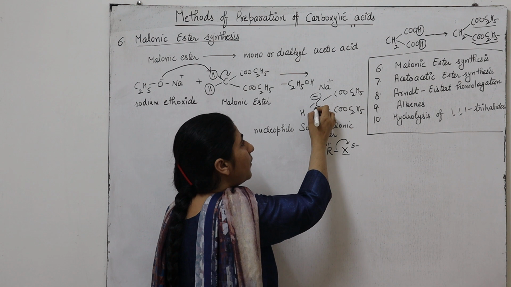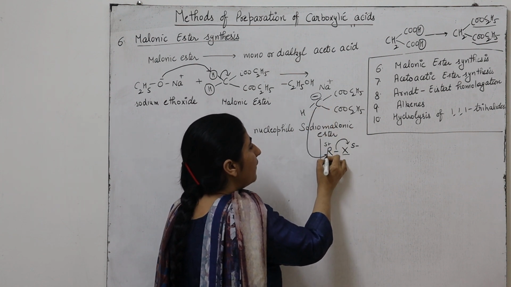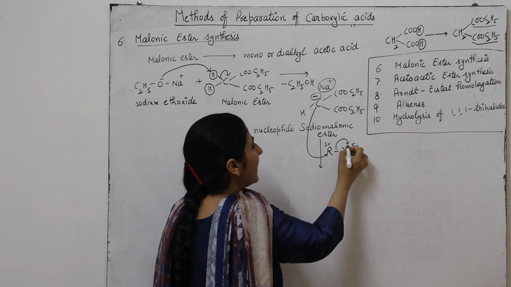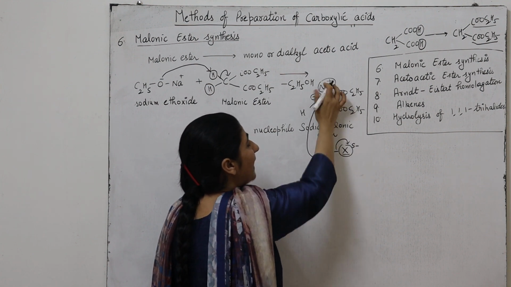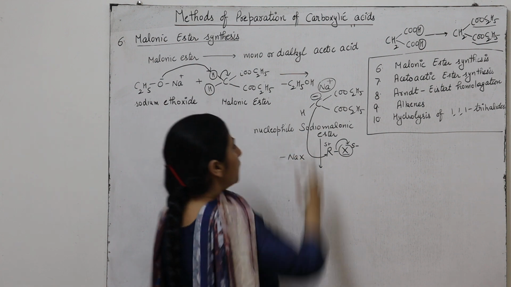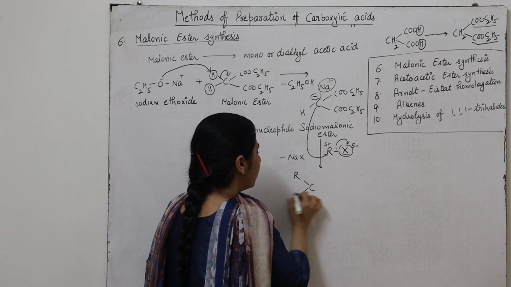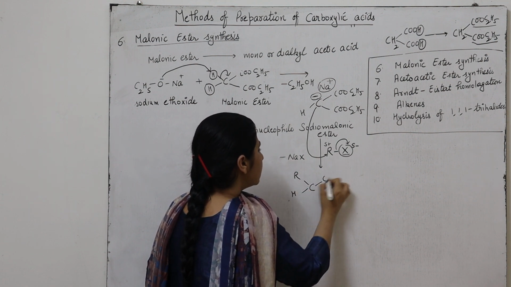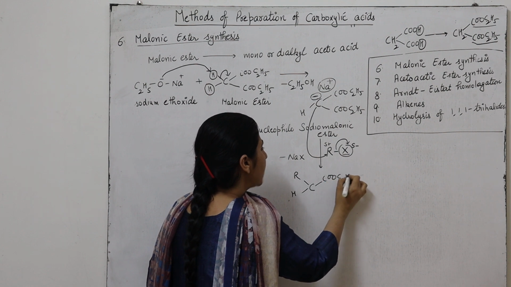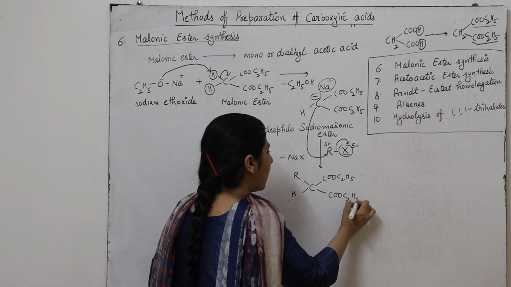The carbanion attaches to this alkyl group, whereas sodium and X combine and eliminate in the form of NaX. So we get the product R, H, COOC2H5, COOC2H5.